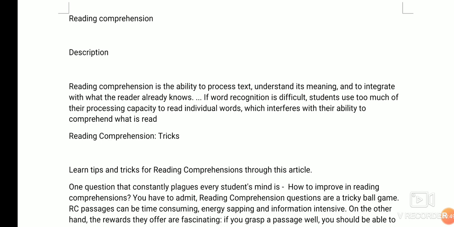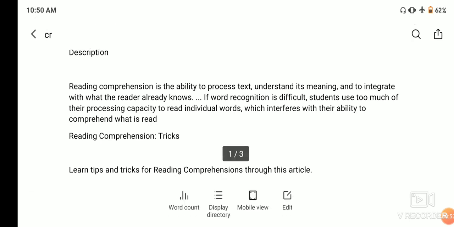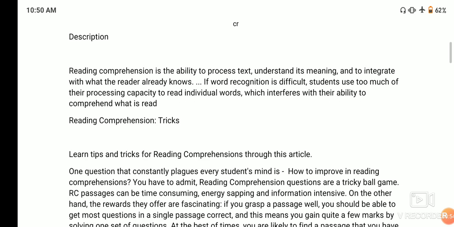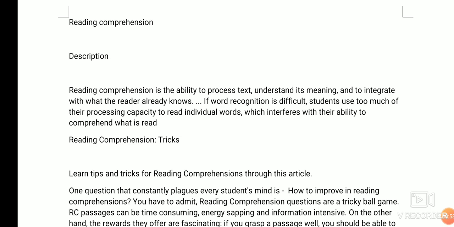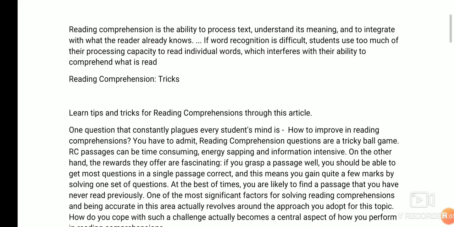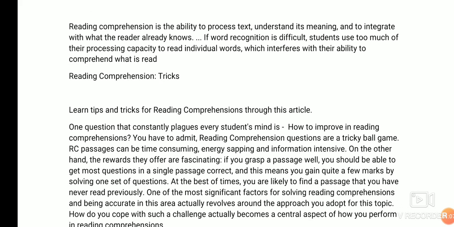So before I start, I just want to share with you about today's topic, reading comprehension. Here you can see there is a description given below. Reading comprehension is the ability to process text, understand its meaning, and to integrate with what the reader already knows.